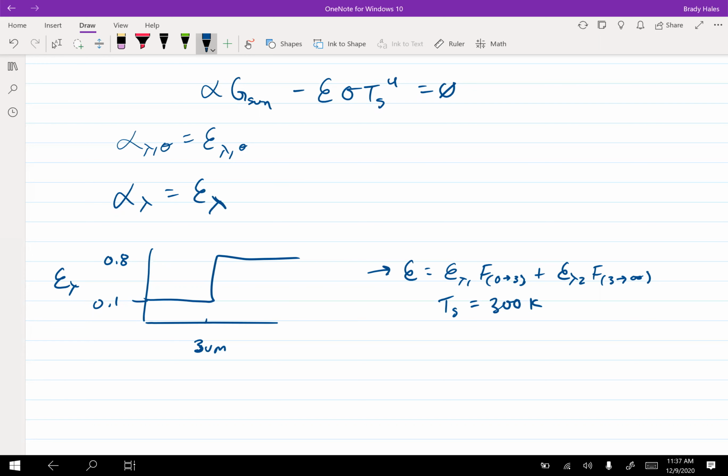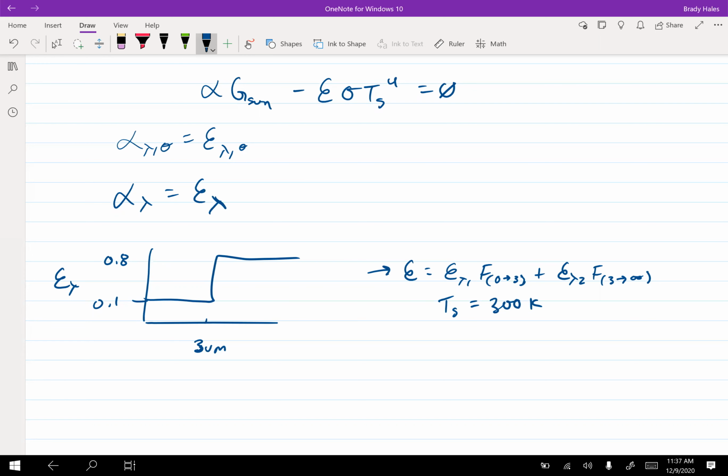I wouldn't guess somewhere close to the temperature of the sun, but make some sort of guess, right? Because now you calculate an epsilon, right? Because that's 0.1 times f 3 times 300 plus epsilon lambda 2, which was 0.8, times 1 minus f 3 times 300, right?